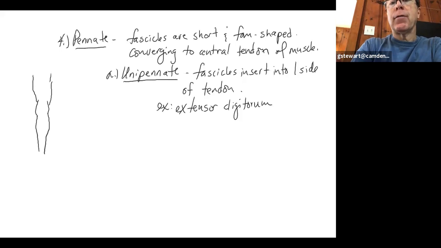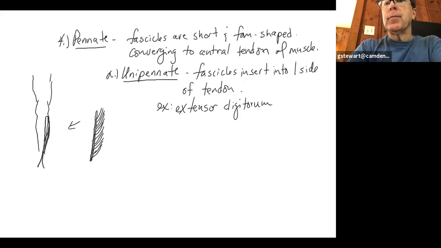So this is the lateral side. The extensor digitorum is located in this area going down to the top of the foot. The muscle fibers tend to do this. If this is the central tendon of the muscle, the fascicles all converge on one side of it like this. So it's sort of a half a feather looking arrangement.